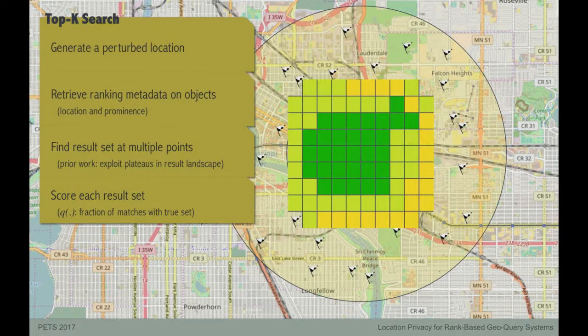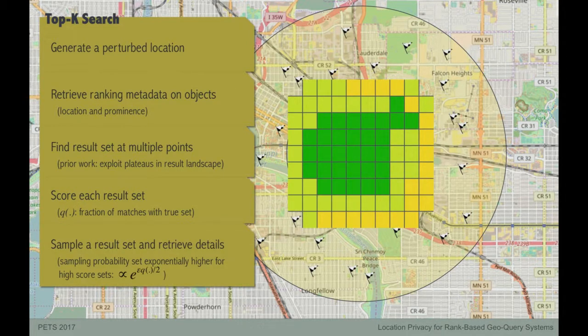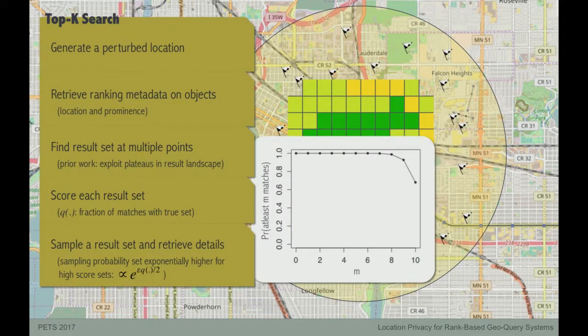Then we use a sampling method to pick one of these sets as the final answer. This sampling is done using the standard exponential mechanism. Essentially, you give exponentially higher weight to higher quality sets, then you sample and retrieve the details on that sample. This shows the probability of picking matches when you do this exponential sampling.